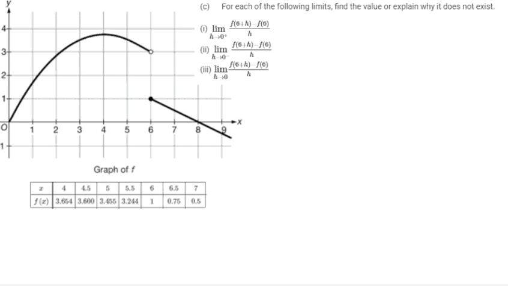All right, now for this one here, for each of the following limits, find the value or explain why it does not exist. So our first one, we're looking at the limit as h approaches 0. We've got to be very careful there. Not as x approaches 0, but as h approaches 0 from the right. And so we're getting closer and closer to x equaling 6. Again, we've got our limit statement, our definition of the derivative there. So from the right, we see we have a straight line, and that straight line has a slope of 1/2.